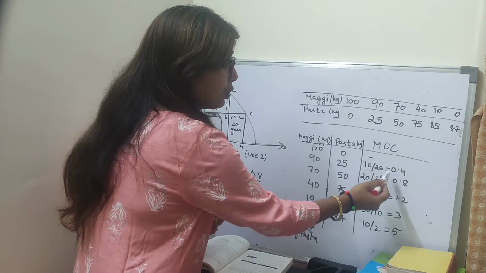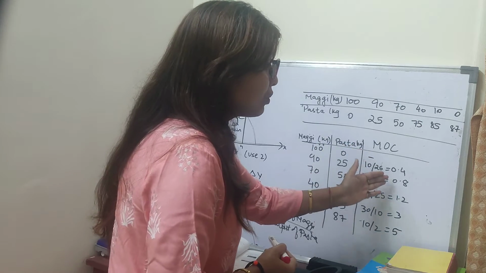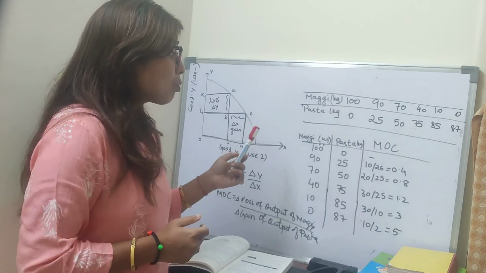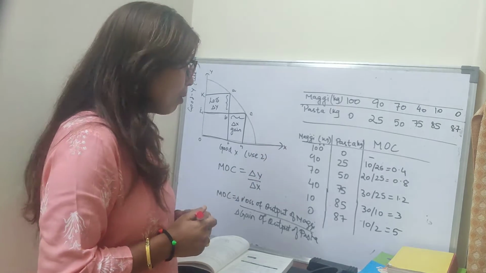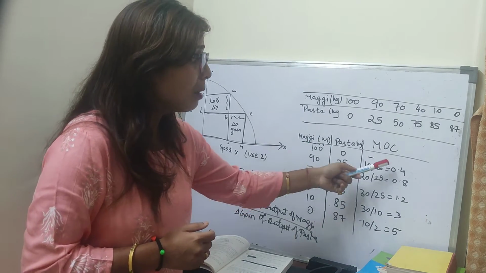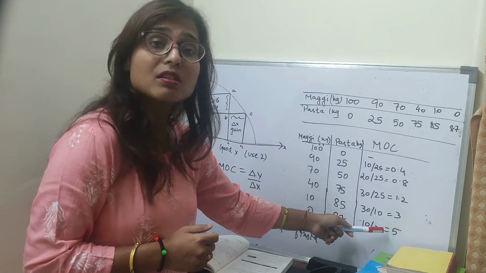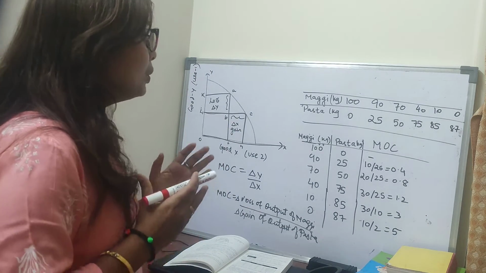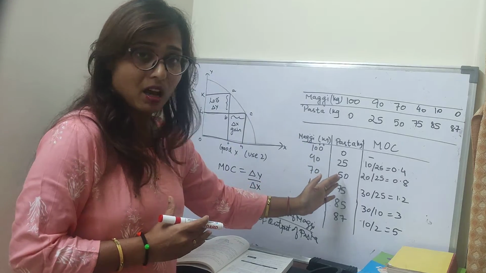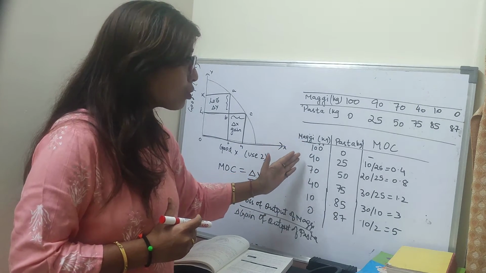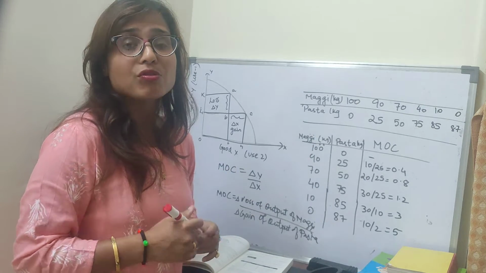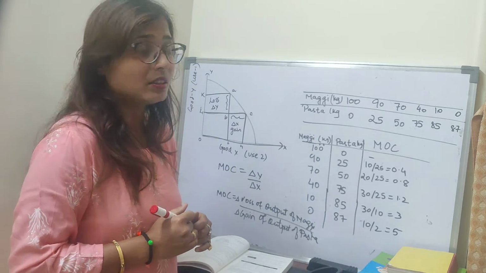So on, we will do it and we can see that marginal opportunity cost is increasing as the resources are shifted from Maggi to pasta. Marginal opportunity cost is rising. For every additional unit of pasta, in terms of loss of output of Maggi, marginal opportunity cost tends to rise.